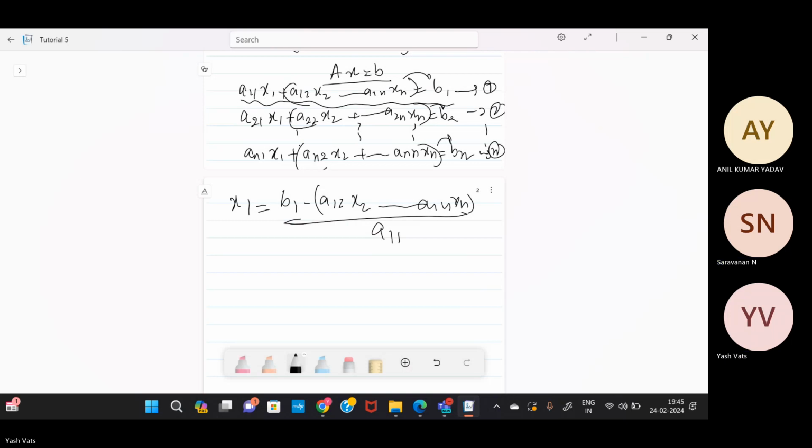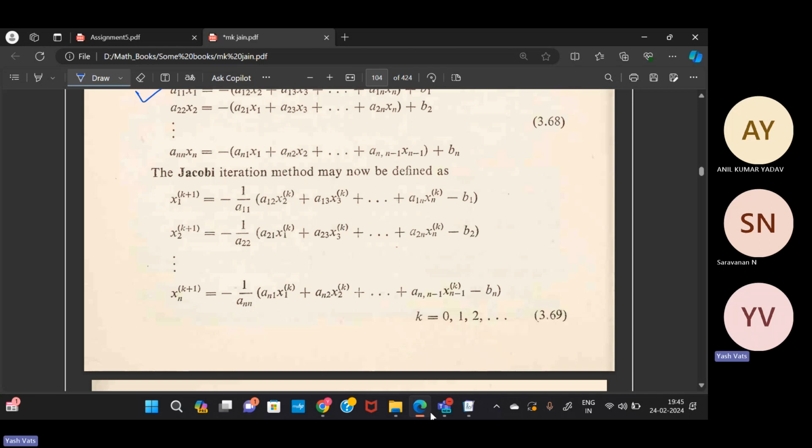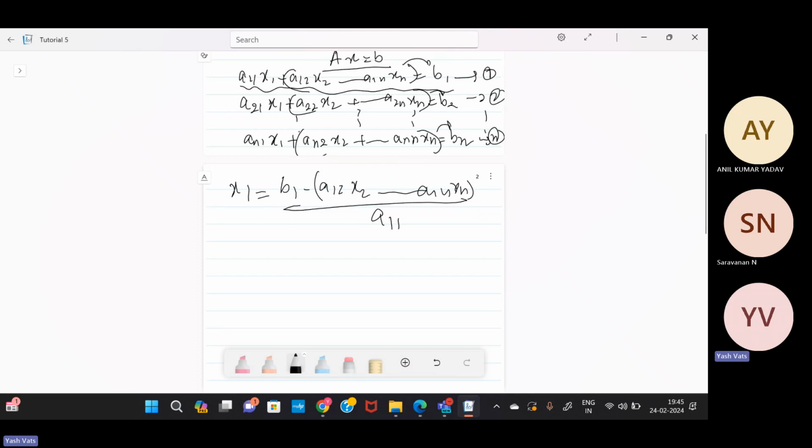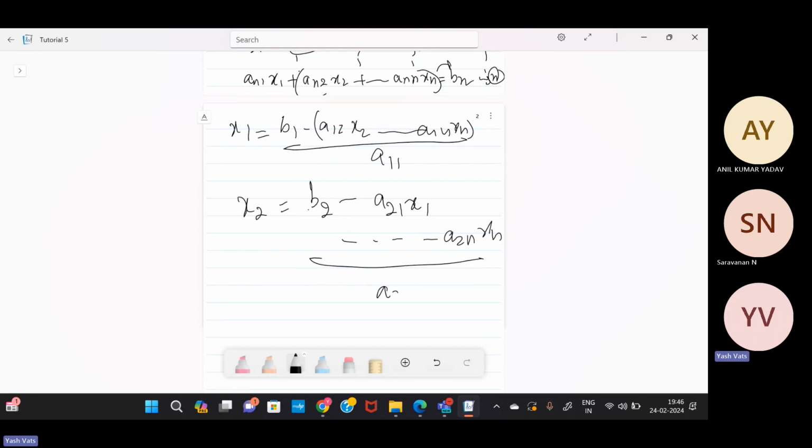And similarly, you go this way. You try to find x2, and your x2 is basically b2 minus a21 x1 up to minus a2n xn, divided by a22.